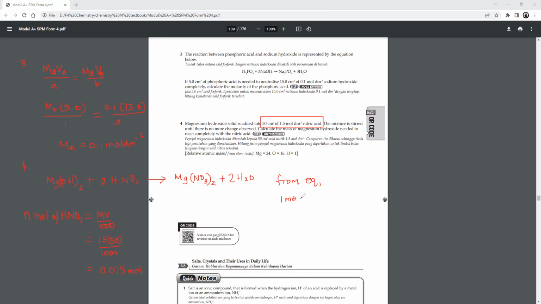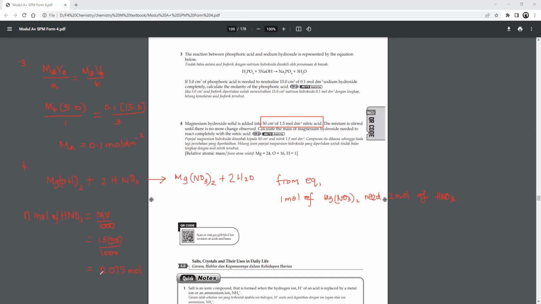One mole of MgOH2 needs 2 moles of HNO3. All right, 2 moles of HNO3 need 1 mole of MgOH2.